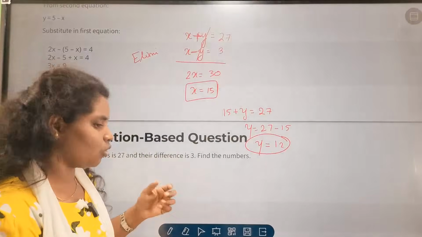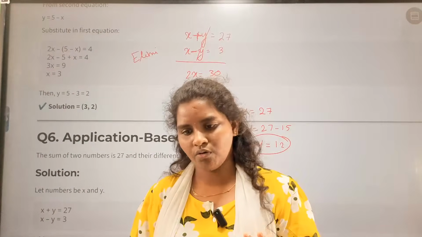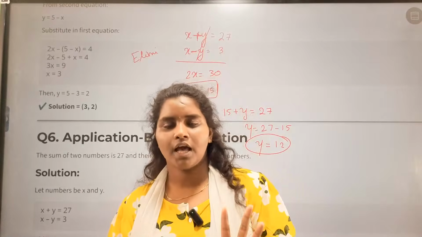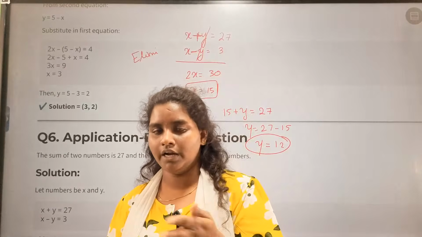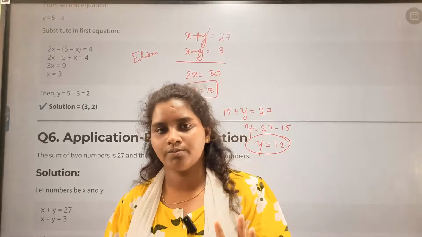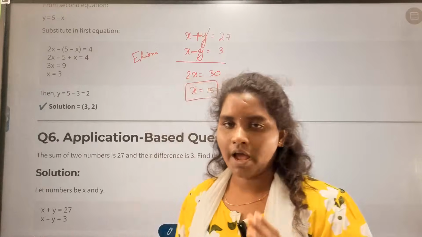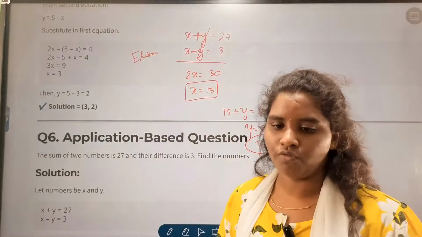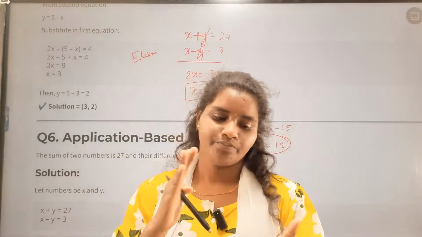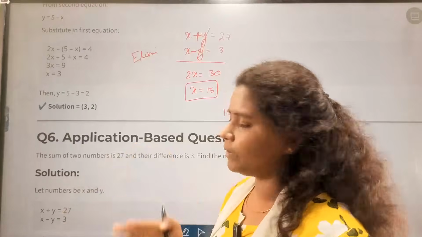In pairs of linear equations, we have only two methods, elimination method or substitution method. So these are all the concepts. And here we have 6 types of questions: case based, source based, numerical and application based.